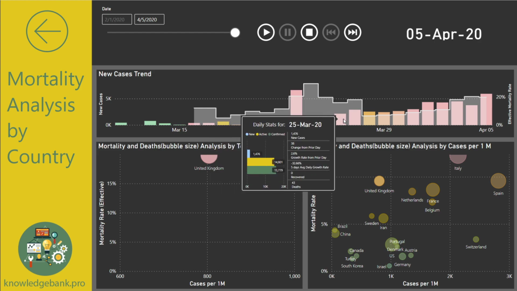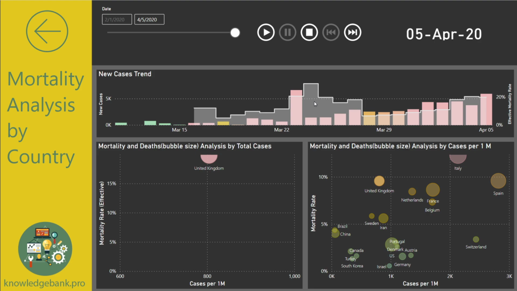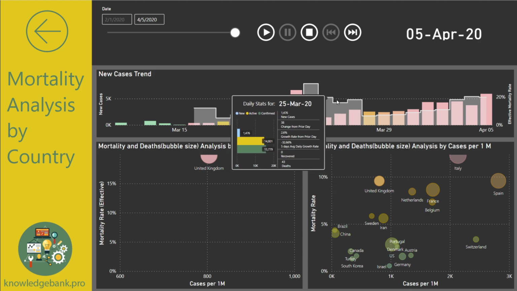Then over several days, mortality dropped. Again, it's hard for me to explain why that happens. A lot of times what happened in the US is a nursing home got attacked and a lot of old people got affected. So when the number of cases is fairly low and one facility gets attacked, you can see this kind of spike.